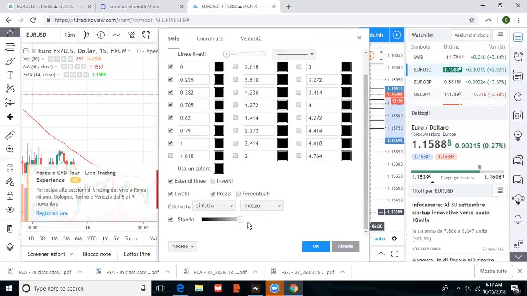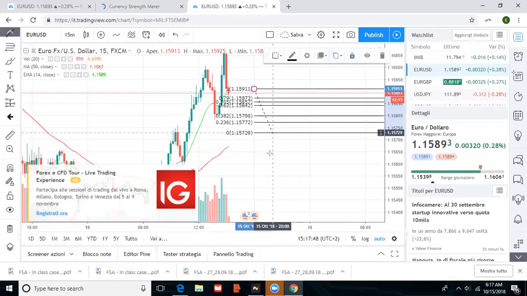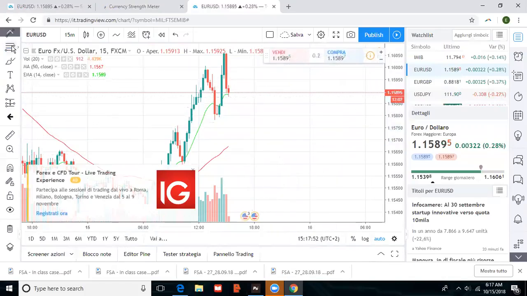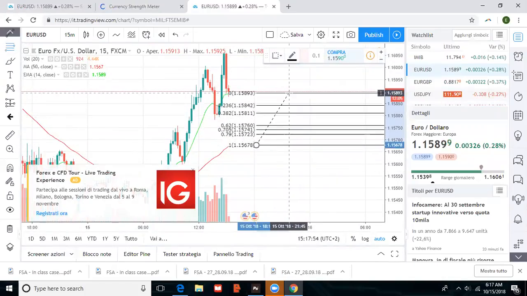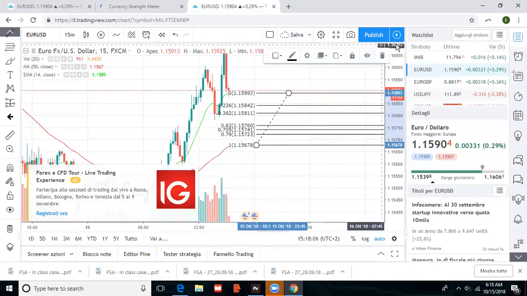You want to have it clear, so it doesn't get messy. And you do OK. So it's going to look like this when you draw your Fibonacci retracement. Look. Very good. You have the 0.62, 0.705, and 0.79. These are the three main levels that we want to use. Okay.